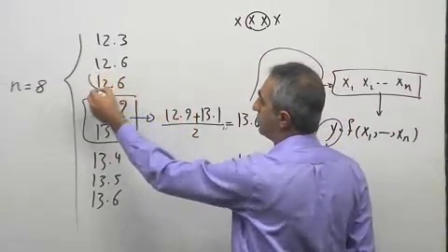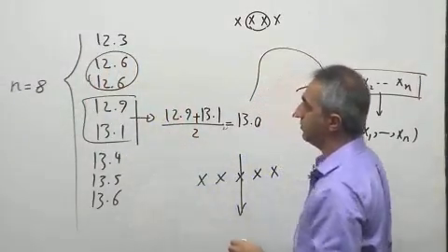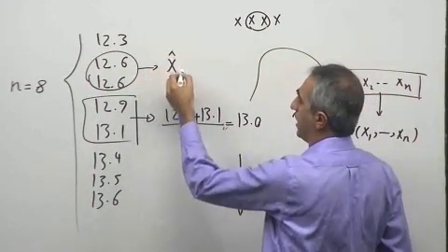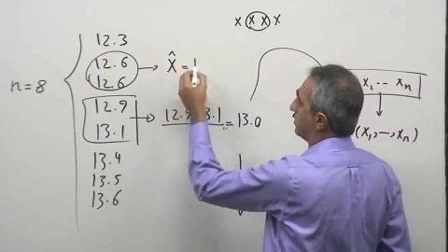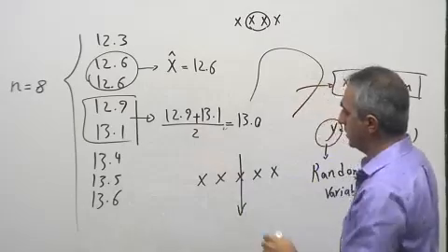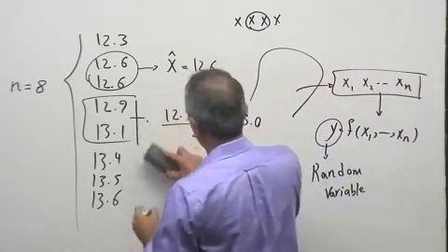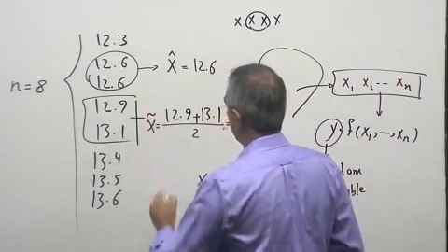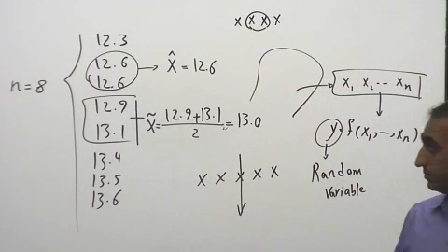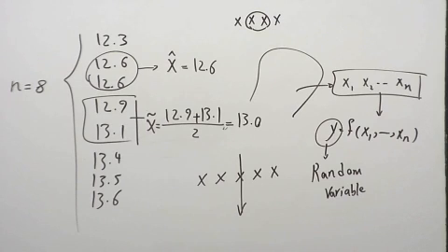I only have 12.6 with a frequency of 2. Therefore, I can say my x hat, which is the mode, is 12.6. By the way, this is x tilde, which is the sample median. That's simple. Any questions so far?